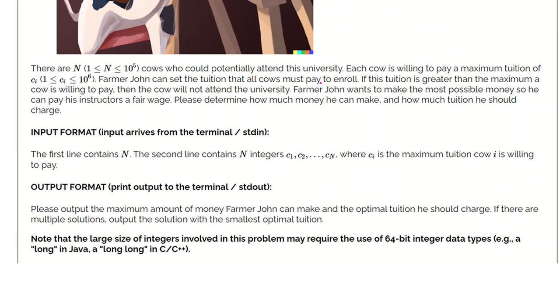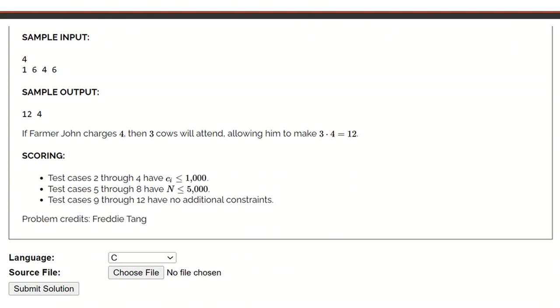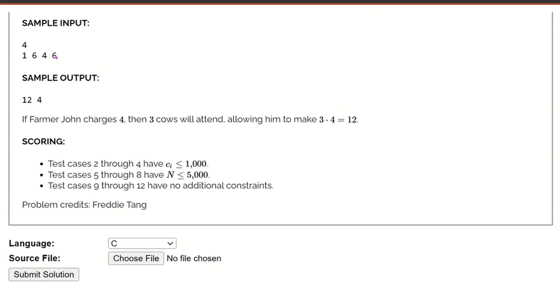Okay, let me explain this problem for you. Here it says, okay, 4 numbers, we have 1, 4, 6, 6. Let me sort it. So I can say 1, 4, 6, 6. And let's see, for example, the price of the ticket is 1.